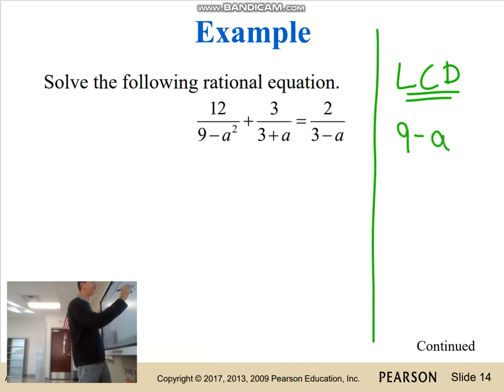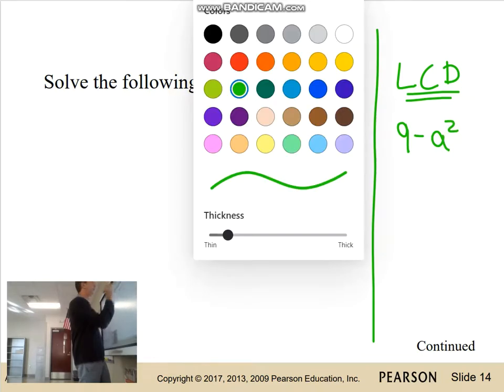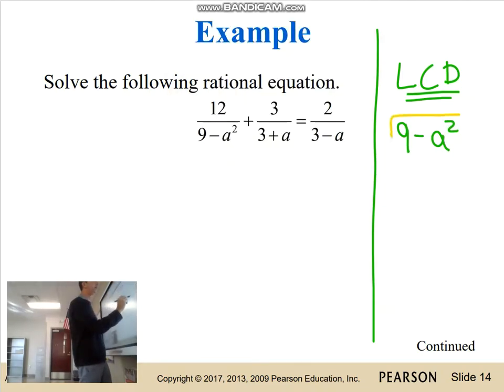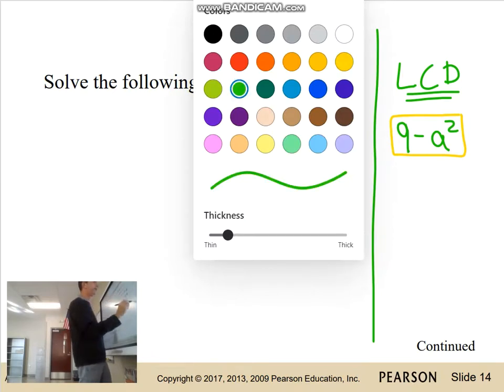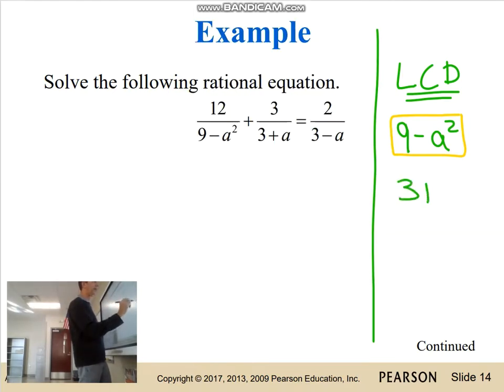Can we factor it out? Try to remember 9 minus a squared. Can we factor it? We have the other denominators, 3 plus a and 3 minus a. But this 9 minus a squared is a special case.